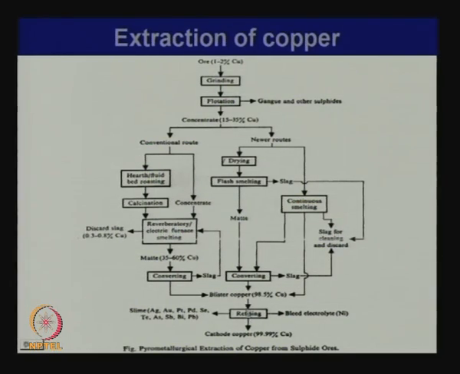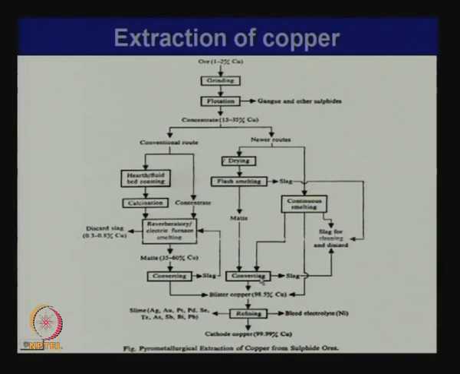Now, a newer route is that which will eliminate reverberatory furnace smelting, and in these steps everything is combined into one step called flash smelting. Means everything is smelted, calcined and flashed very fast, produces a matte, it goes straight for converting.